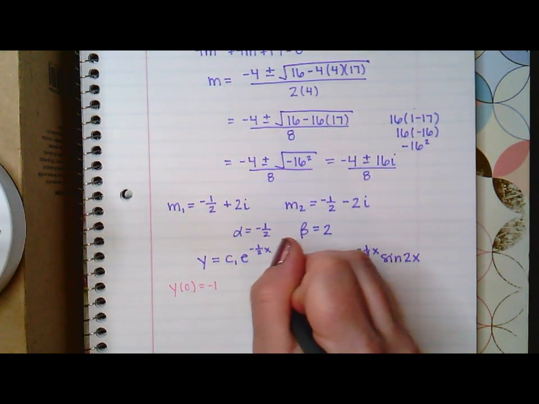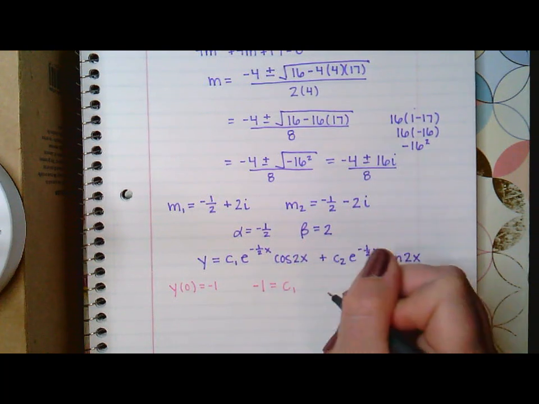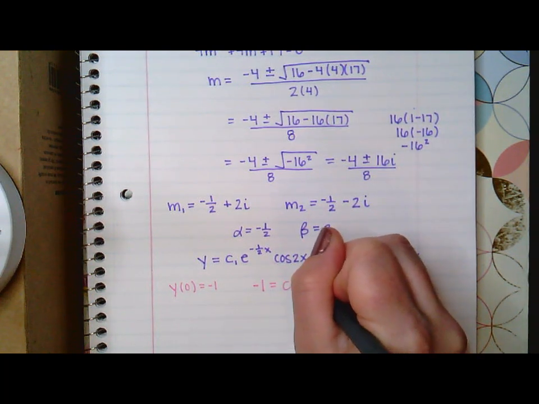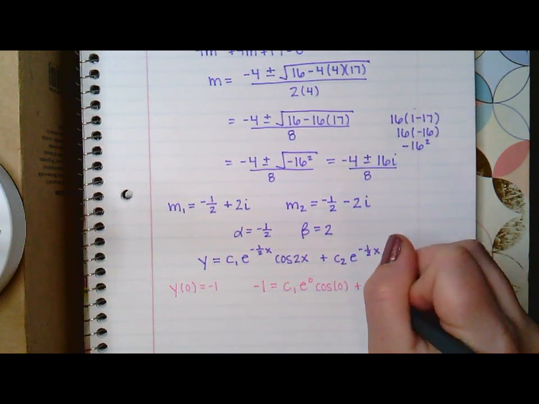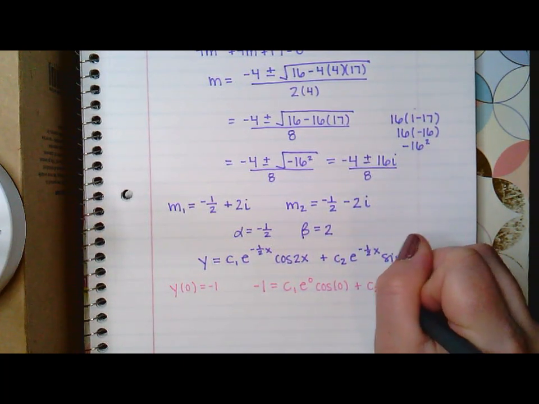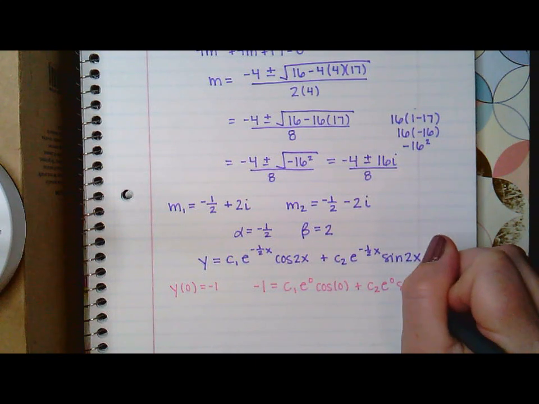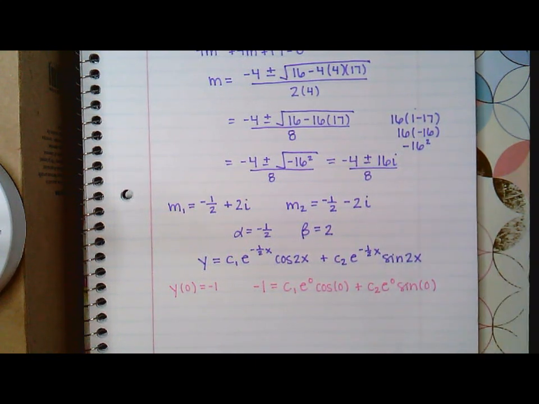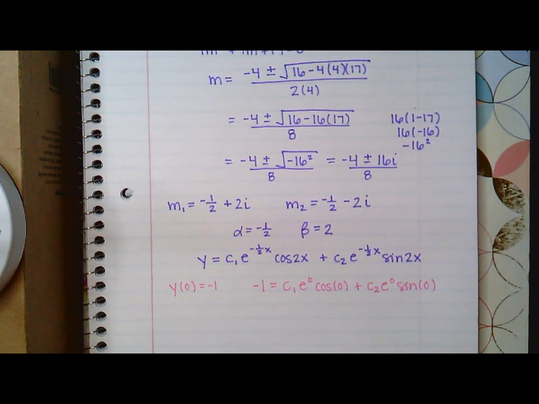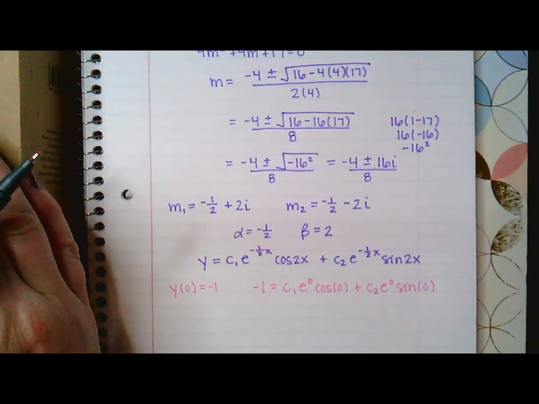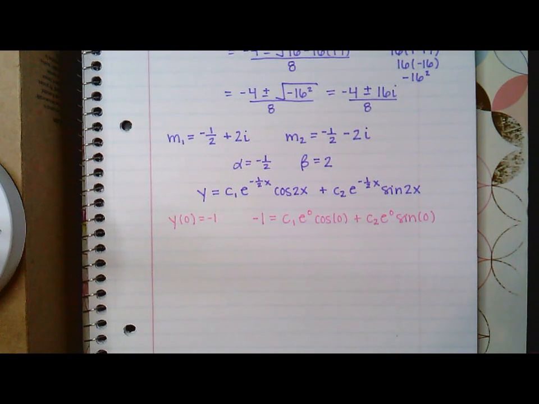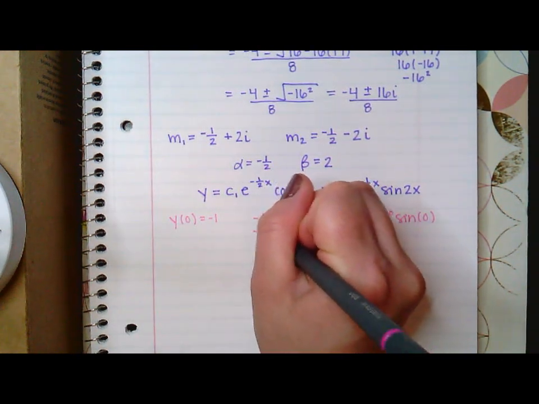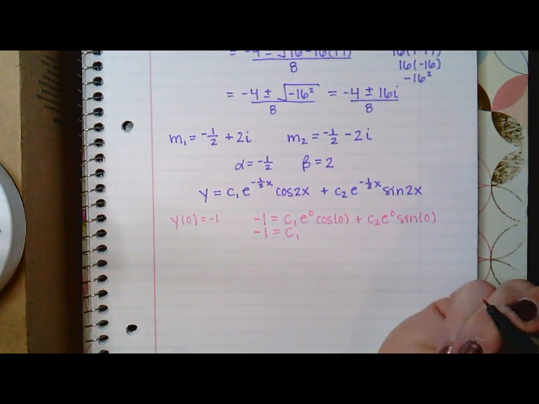So -1 is equal to C1 e to the 0 cosine of 0 plus C2 e to the 0 sine of 0. Sine of 0 is 0, cosine of 0 is 1, and e to the 0 is also 1. So I'm left with -1 equals C1.